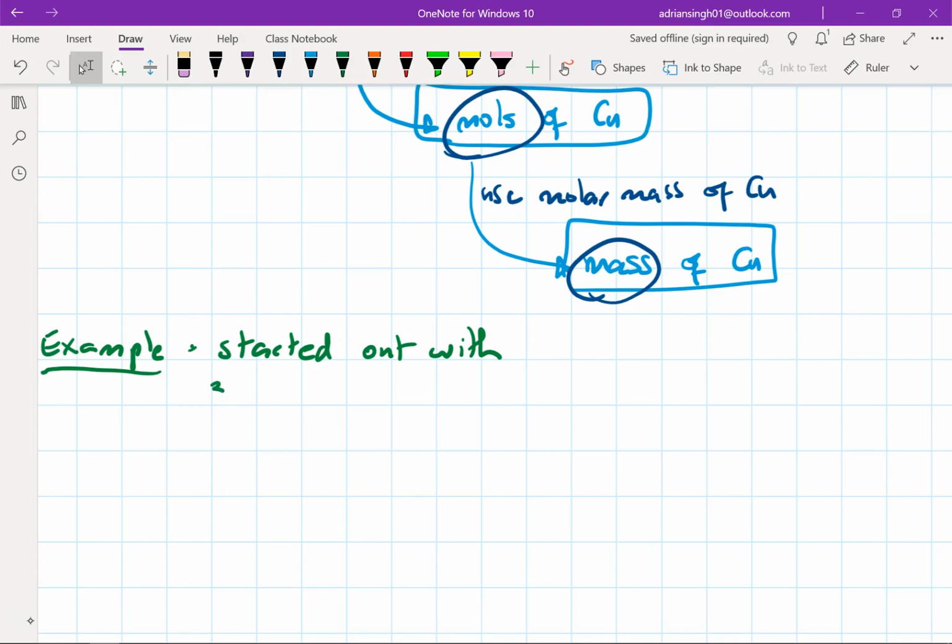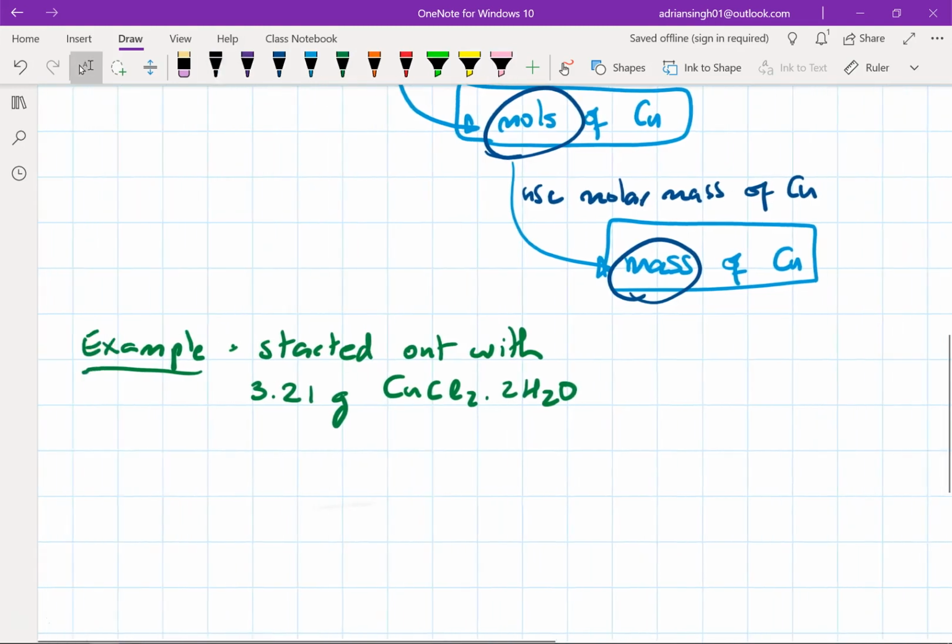Let's say we use 3.21 grams of CuCl2.2H2O. All right, that's your starting point. Your number should be somewhere between 2.3 and 2.4 grams. So that's what we're going to start with.